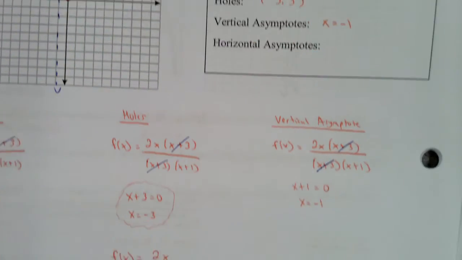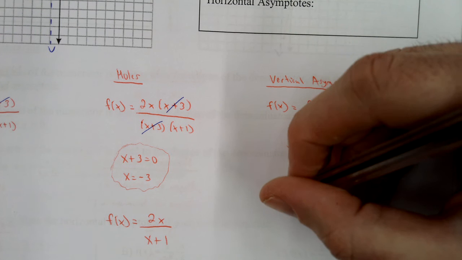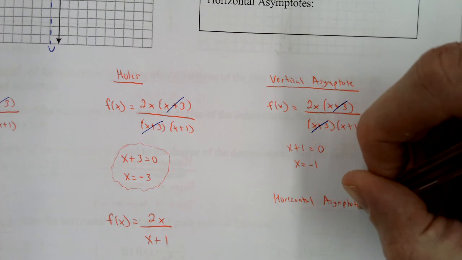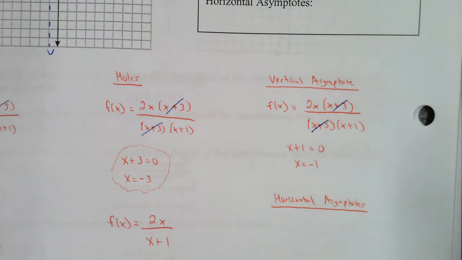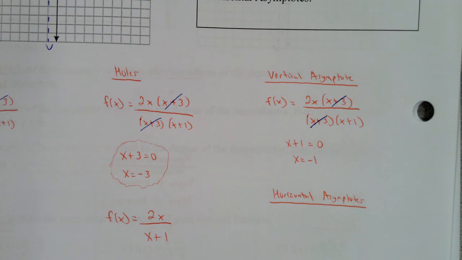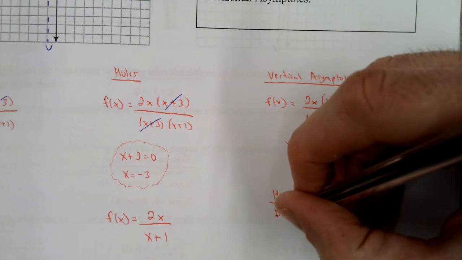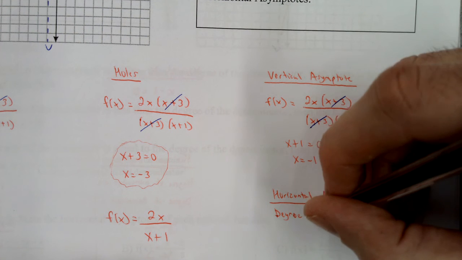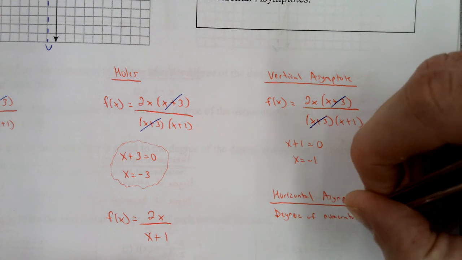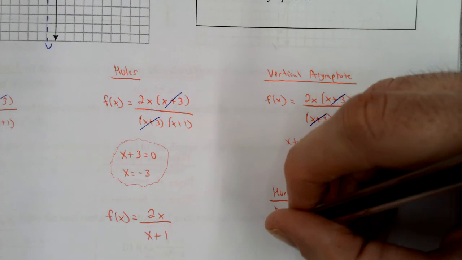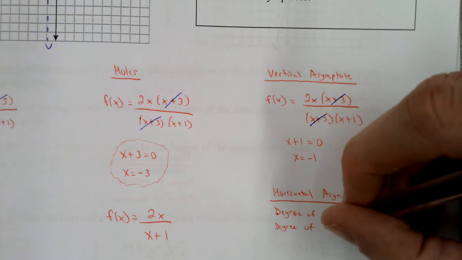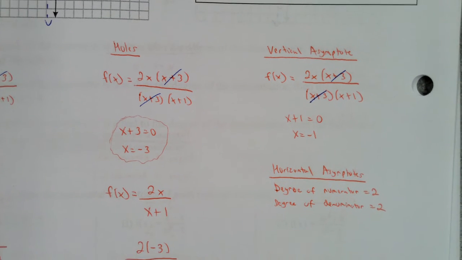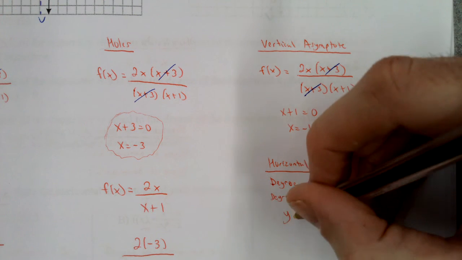Horizontal asymptotes. The degree of the numerator equals 2. The degree of the denominator equals 2. That means the asymptote is going to be y equals 2 over 1.